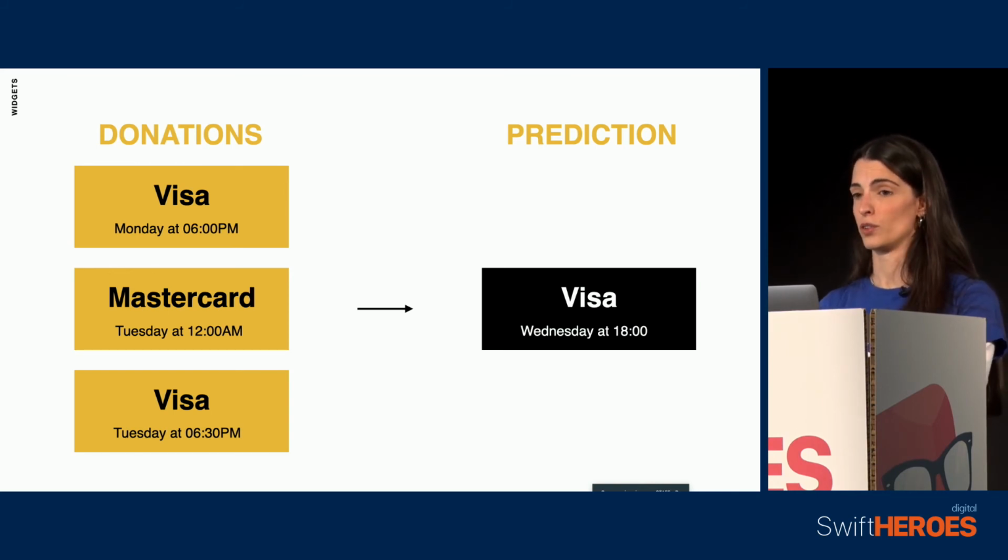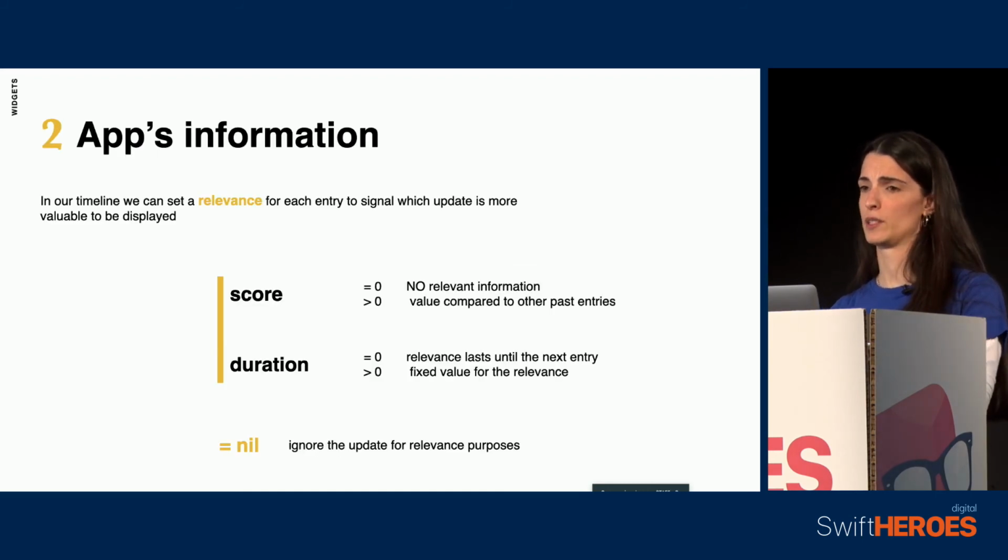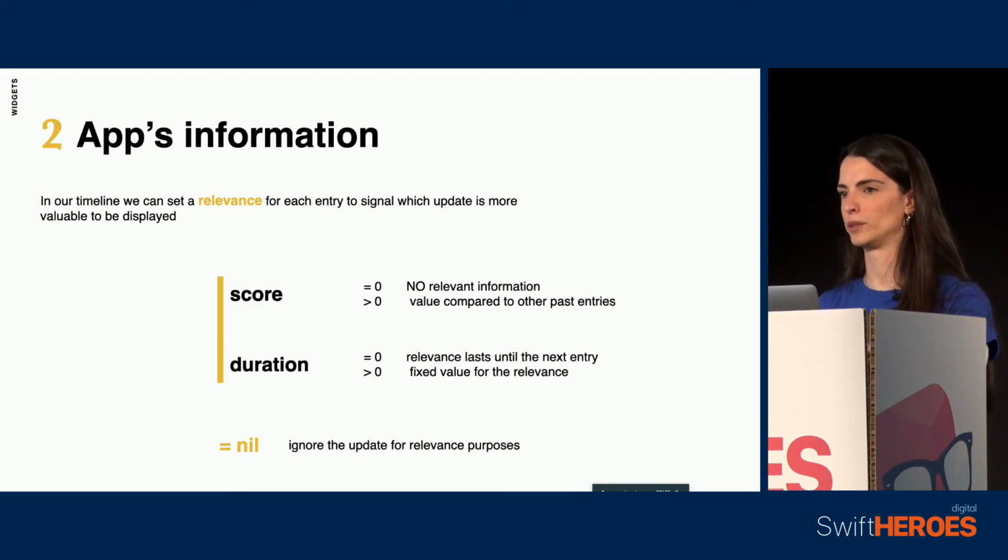So the second reason to surface my widget is for an app's information, when something important happens in my application. As we saw before, when we create a widget, we need to implement the timeline. Every entry in the timeline has a relevance property.